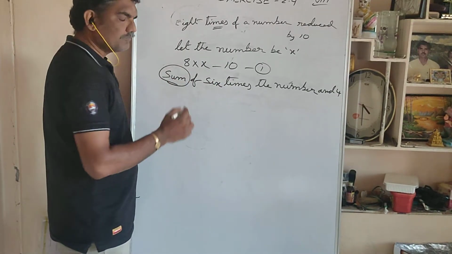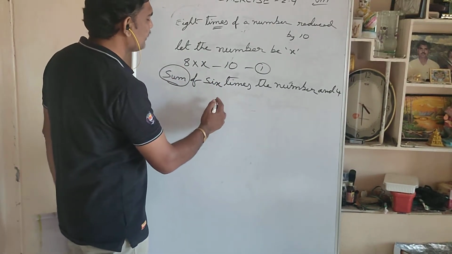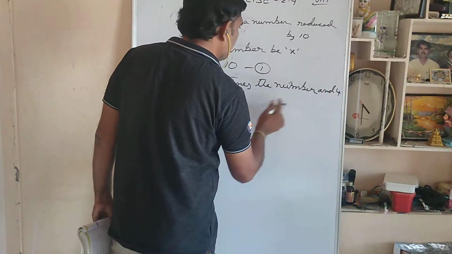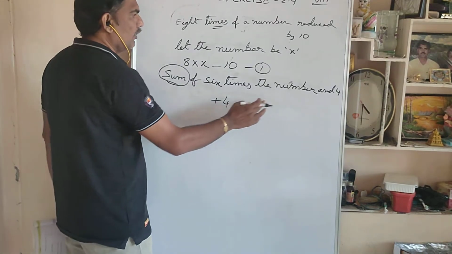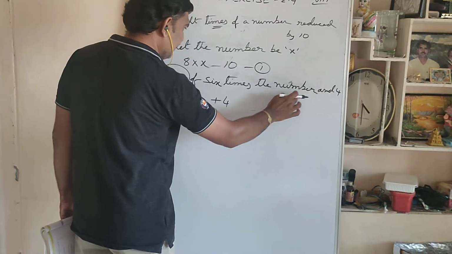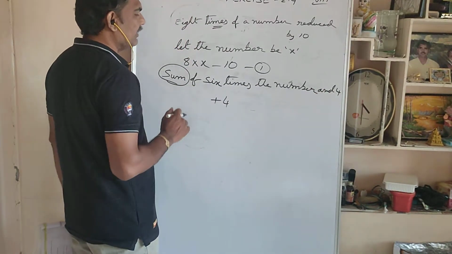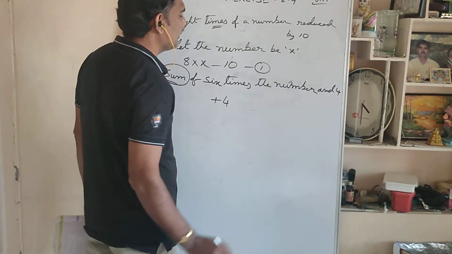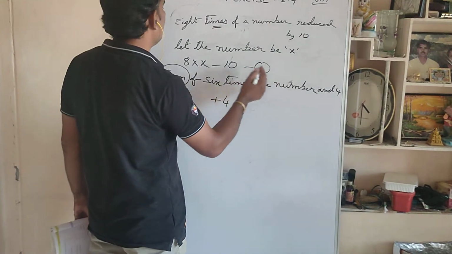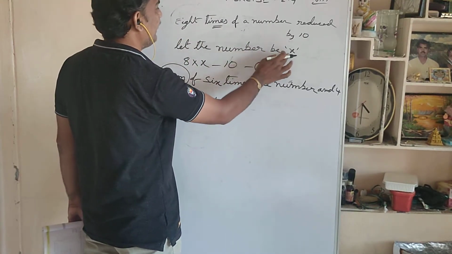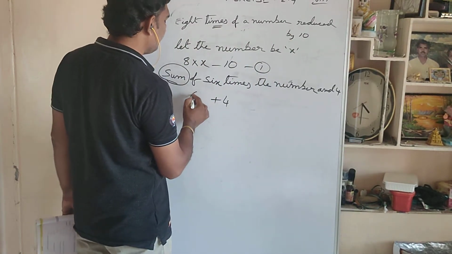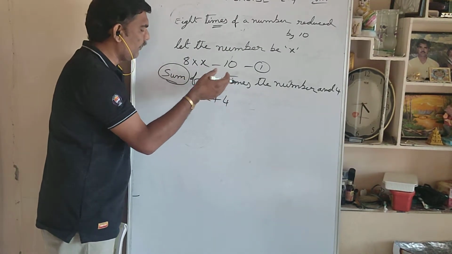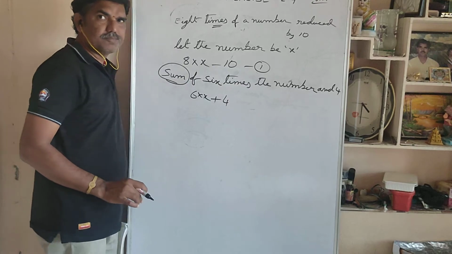Sum means you should do addition. And 4 is one number. So 4 and this entire thing you should add. What is this entire thing? 6 times of a number. The number is x, so 6 times of a number means 6 into x. 6 times of the number and 4, you should add.